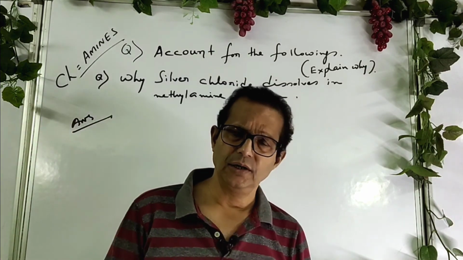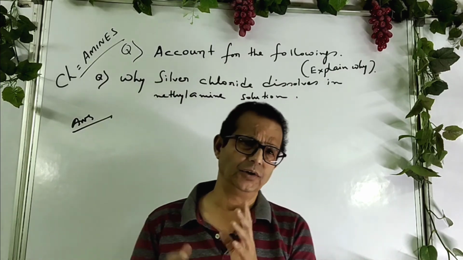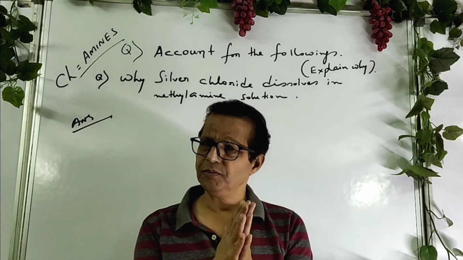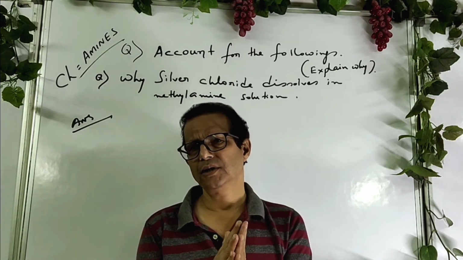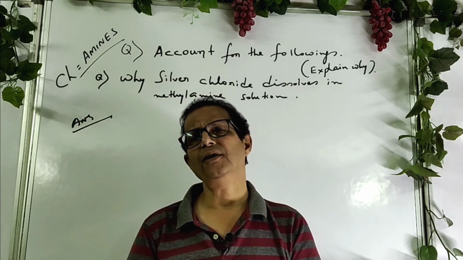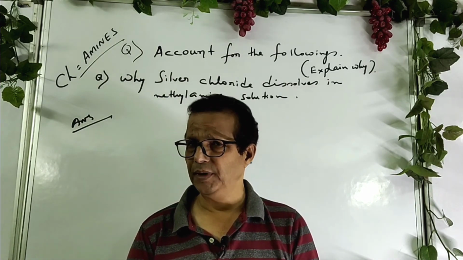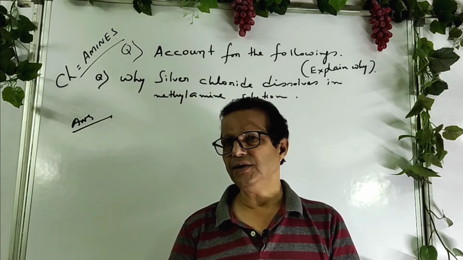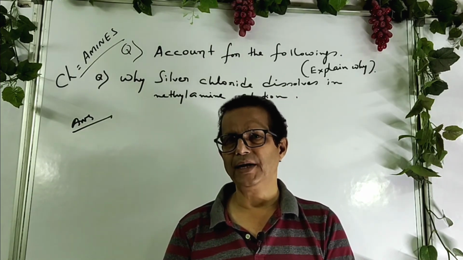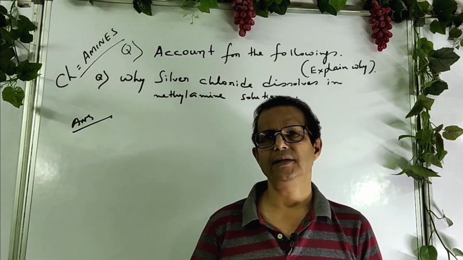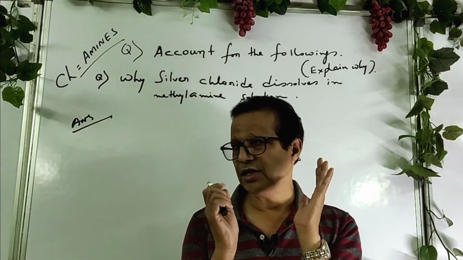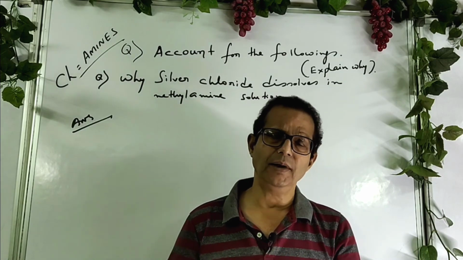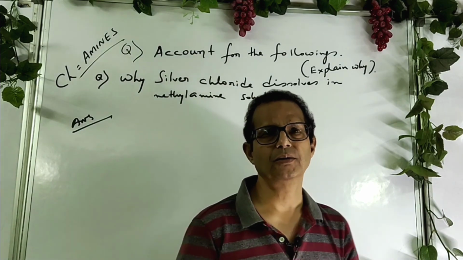Remember it, whenever any compound dissolves in another compound, there is a possibility of formation of a soluble complex, and silver chloride easily forms a soluble complex with methylamine, and due to the formation of this soluble complex, silver chloride easily dissolves, okay.